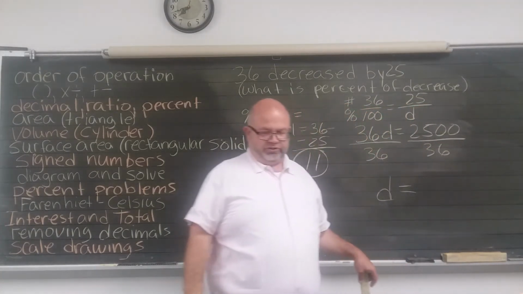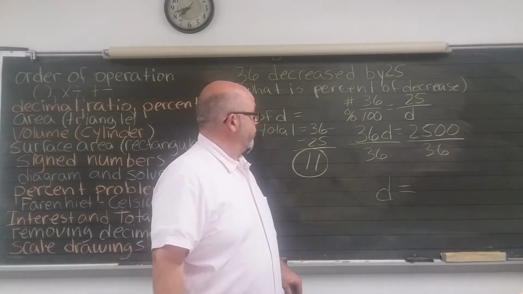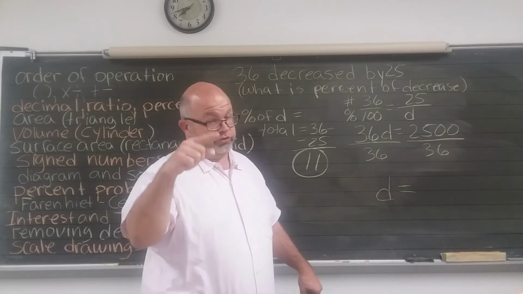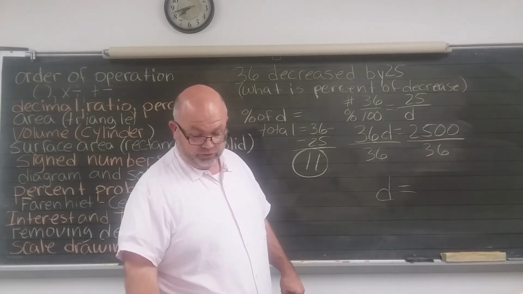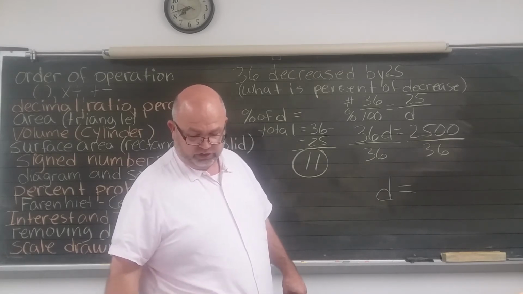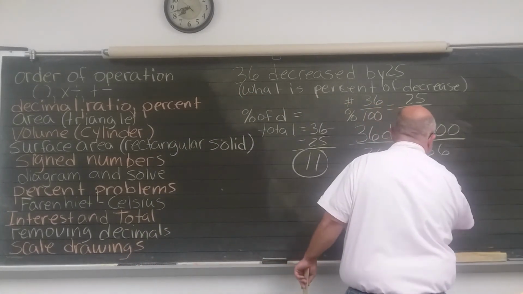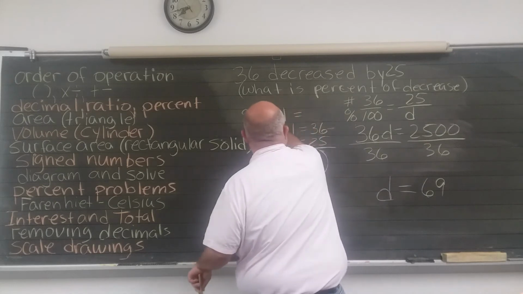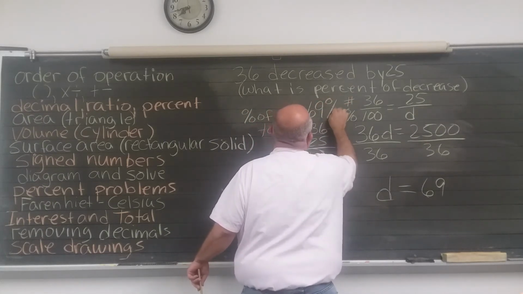This is going to come up with a decimal. Let's just round it to the nearest whole number, but in your problem, it won't come out to a decimal. 2,500 divided by 36 equals 69.4. Let's just make it 69. And it is a percent of decrease, so your answer is 69%.